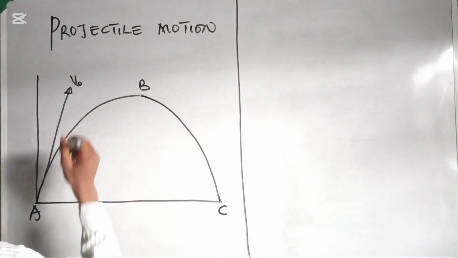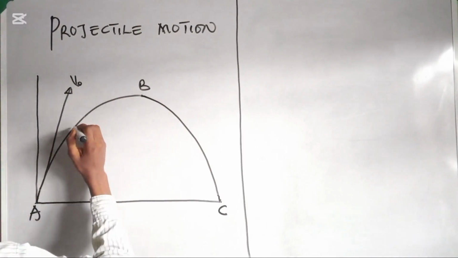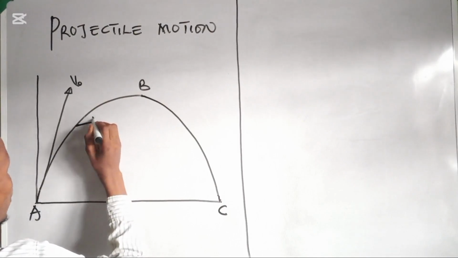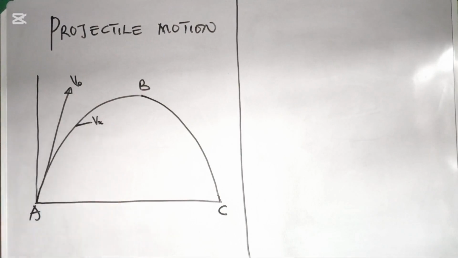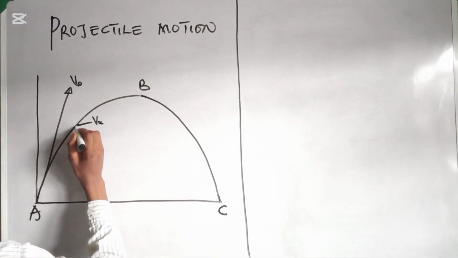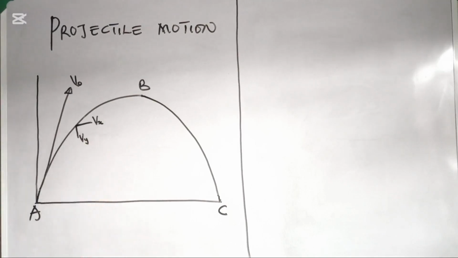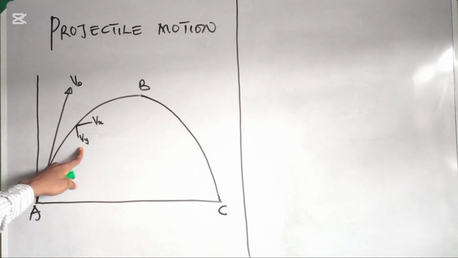So now, at any point here, let's say we're considering this point, we call this Vx, which is the horizontal component of the velocity. Here is the vertical component of the velocity of the projected object.